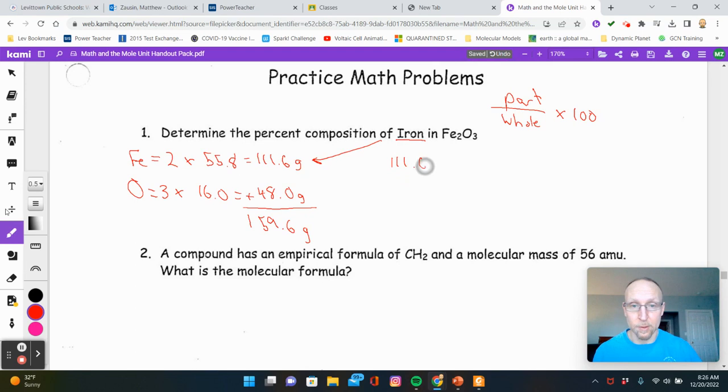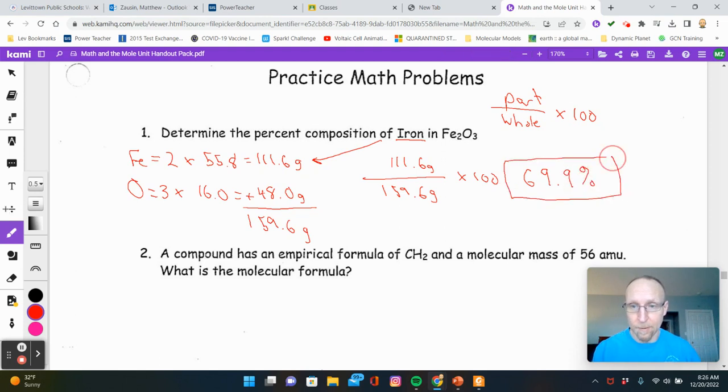So 111.6 grams over 159.6 grams times 100, and we get 69.9%. Your units are percent, and that's our answer. That's percent composition, part over whole times 100. The formula is on Table T.